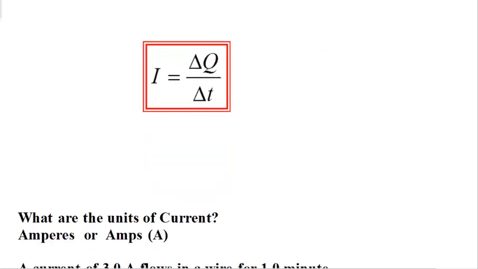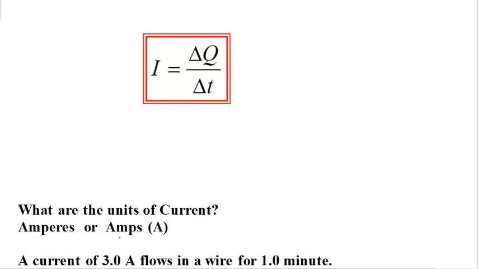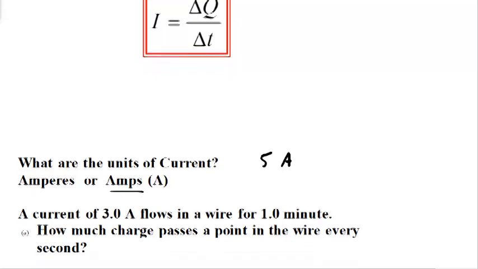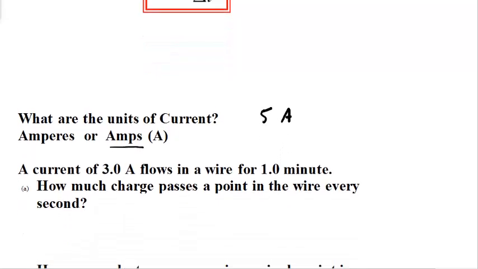Now the current, we use amps. It's measured in amperes, and the symbol would be something like amps. So we would say 5 amps, 5 amperes. So if we look at a couple examples here, we have how much charge passes a point in a wire every second.